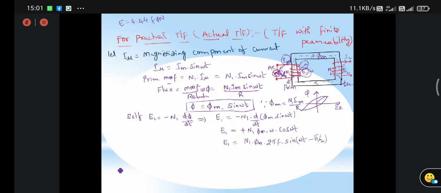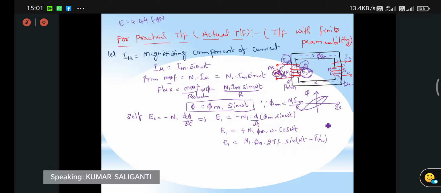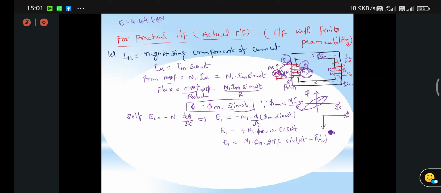This is the self-induced EMF induced in the primary winding, E1. The self-induced EMF in the primary winding is always lagging the flux vector by exactly 90 degrees. This is the flux and this one is E1, lagging by 90 degrees.